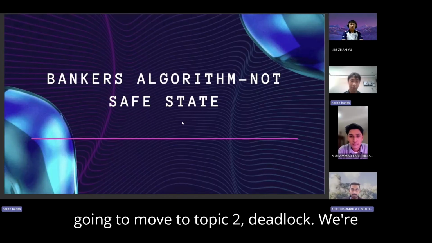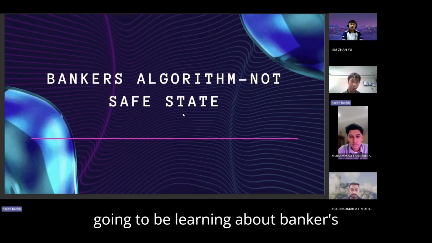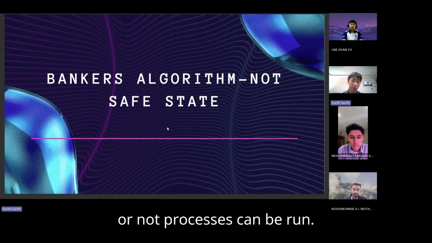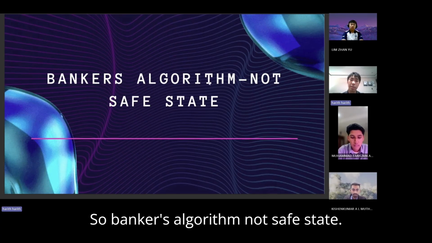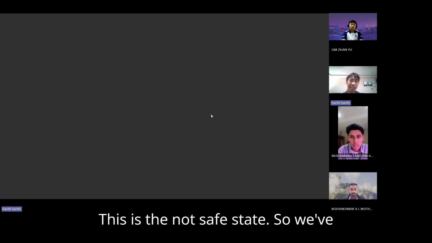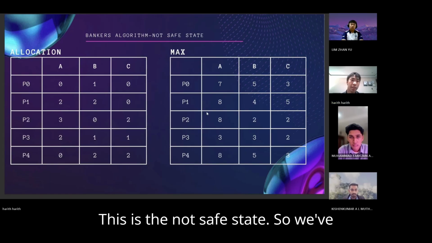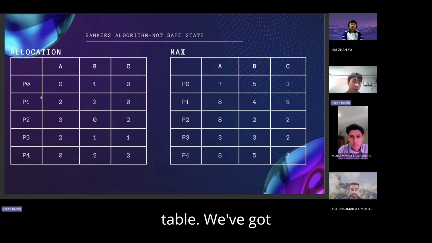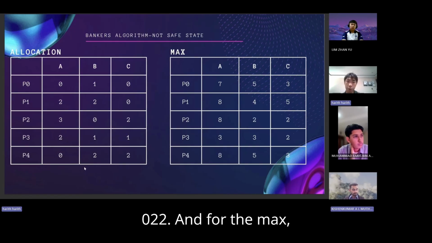Going to move to topic 2, deadlock. We're going to be learning about Banker's algorithm. It's a method to check whether or not processes can be run. So Banker's algorithm, not safe state. This is the not safe state. So we've got the allocation table and the max table. We've got P0: 0, 1, 0; 2, 0, 0; 3, 0, 2; 2, 1, 1; 0, 0, 2.